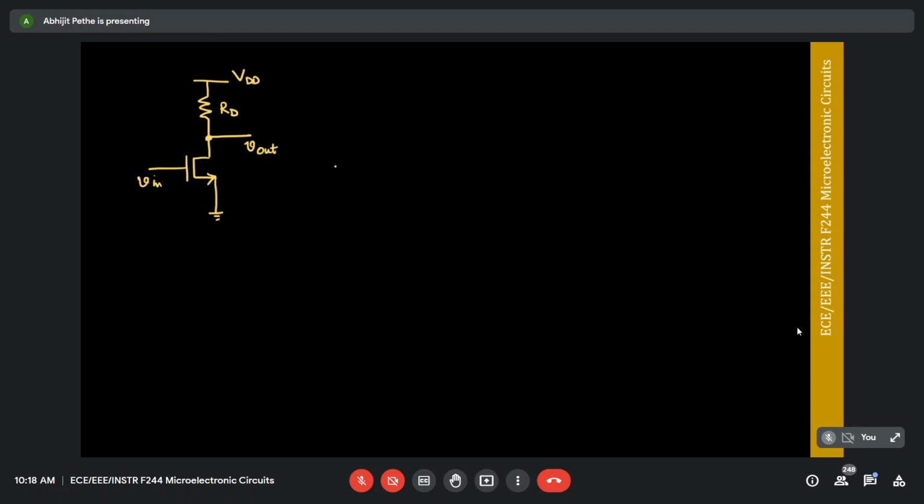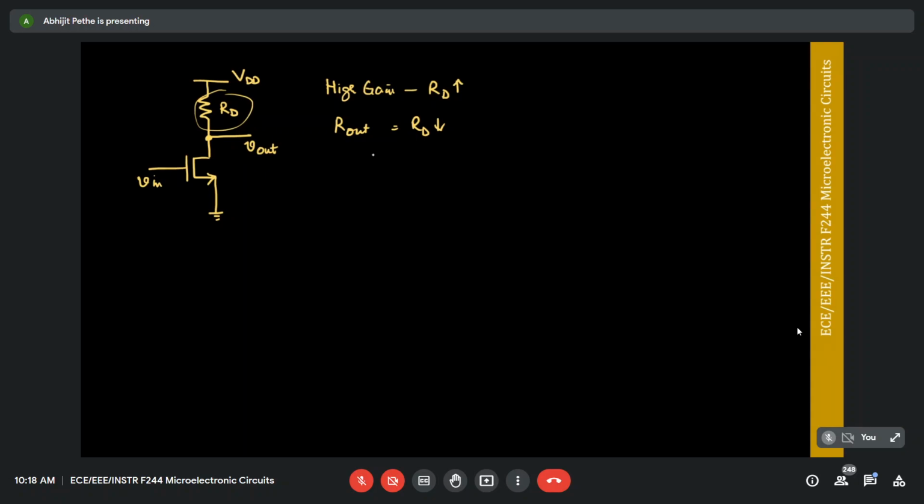The problem with this configuration is this RD. You want a high RD to get high gain, which means you want RD to increase. But for low R out, you want RD to be low. So how do we fix this issue?